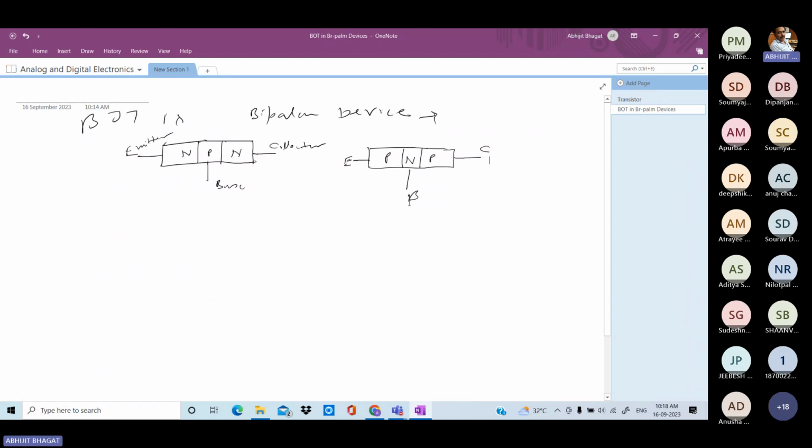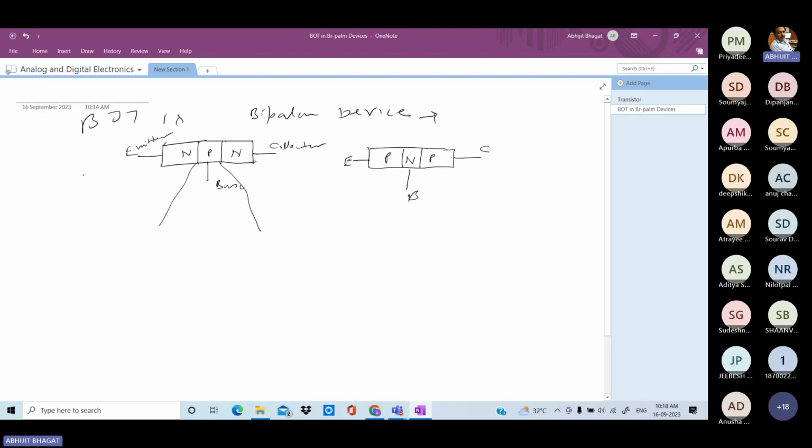Now in this NPN and PNP, this terminal is emitter, this region is emitter region, this is base region, this is collector region.